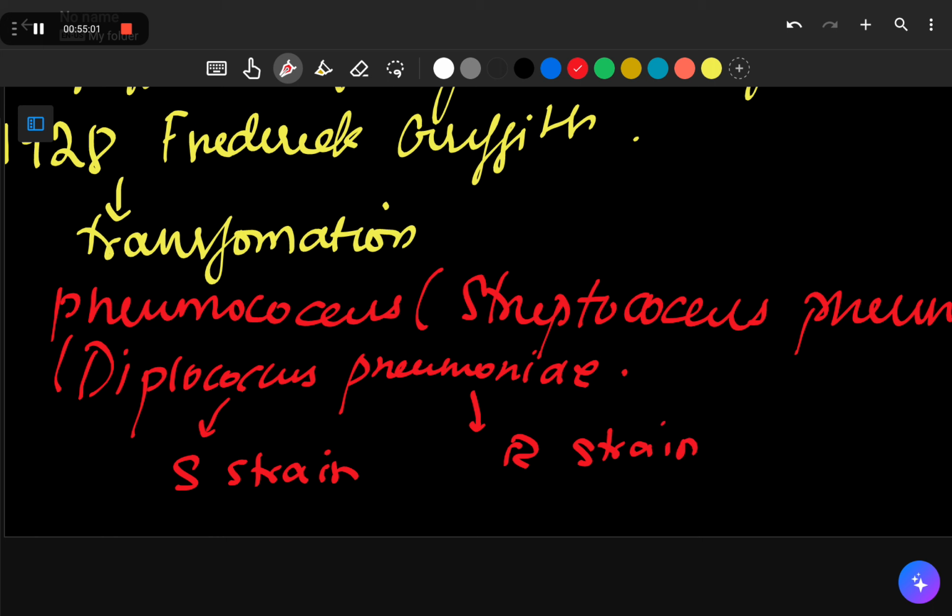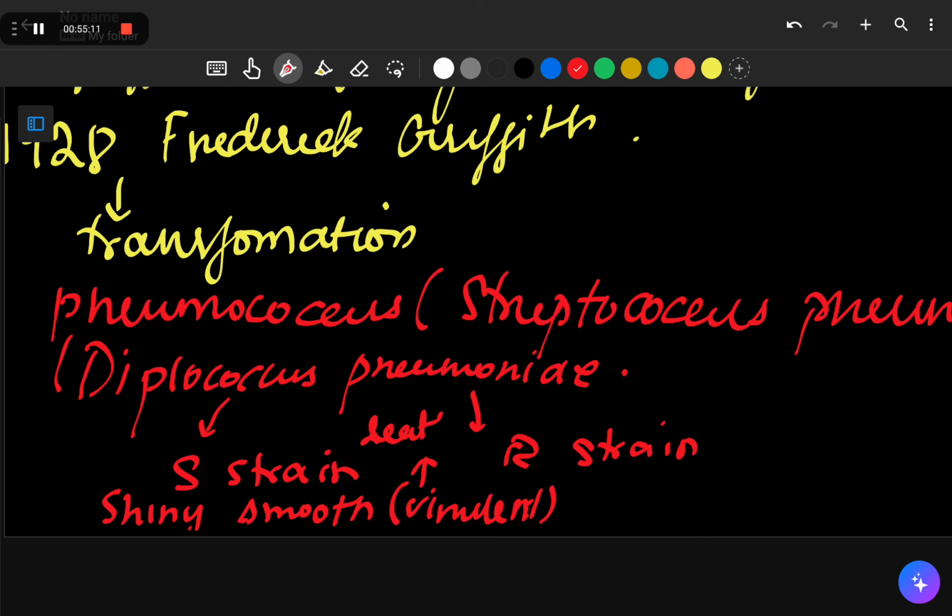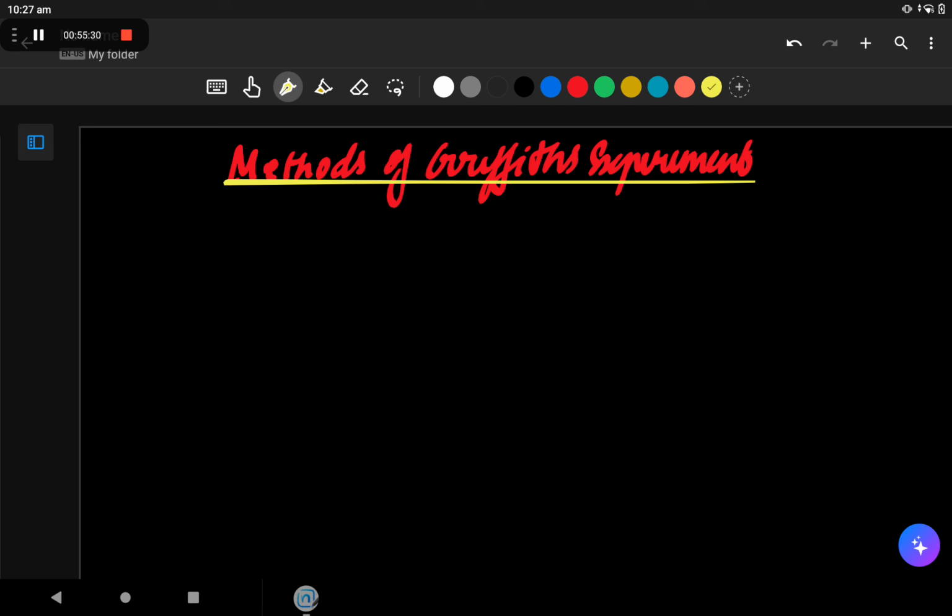The S strain has a shiny, smooth layer and is virulent in nature. Virulent means fatal, which will lead to death and cause pneumonia. The R strain is rough, does not cause pneumonia, and is non-virulent. Remember, the S strain is dangerous, the R strain is not that dangerous. Now let's learn the methods of Griffith's experiment.